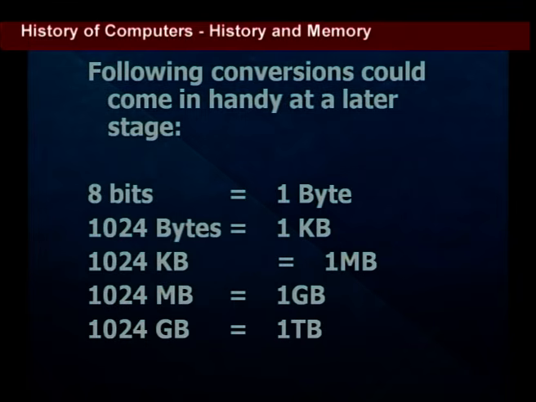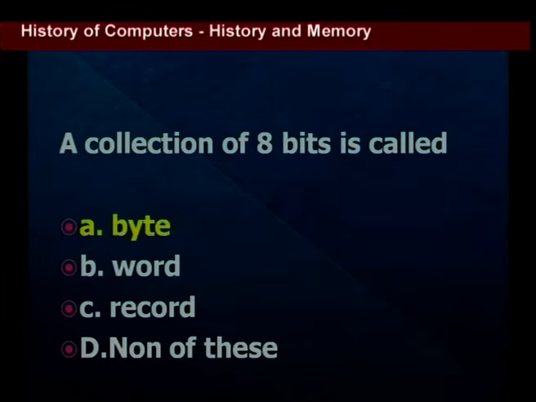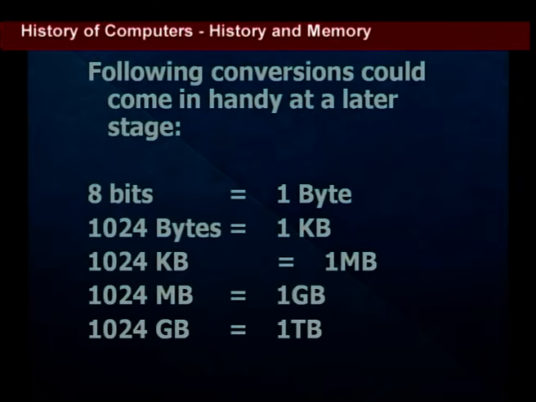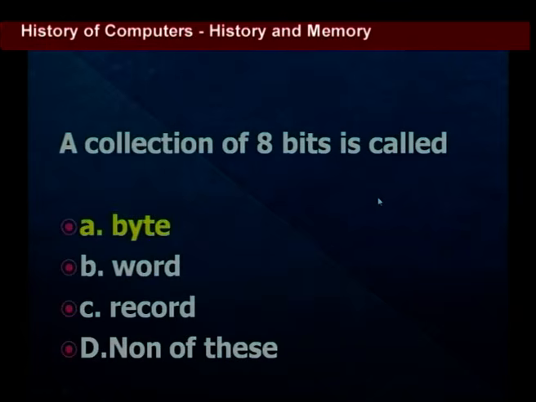This is very important for your preparation for competitive exams. Many questions are asked on memory allocations. A collection of 8 bits is called a byte; 8 bits equals 1 byte.